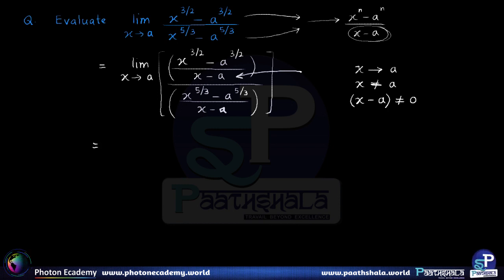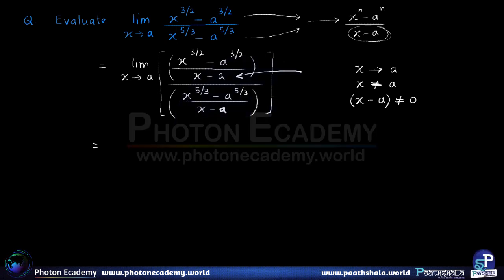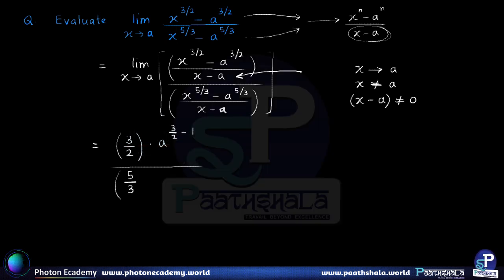So moving further, we can see that now the numerator is the standard pattern. So writing the formula for that, it is n, which is 3 by 2, into a raised to n minus 1, that is 3 by 2 minus 1, correct, whole divided by, in the denominator you have n, which is 5 by 3, and a raised to 5 by 3 minus 1, right?